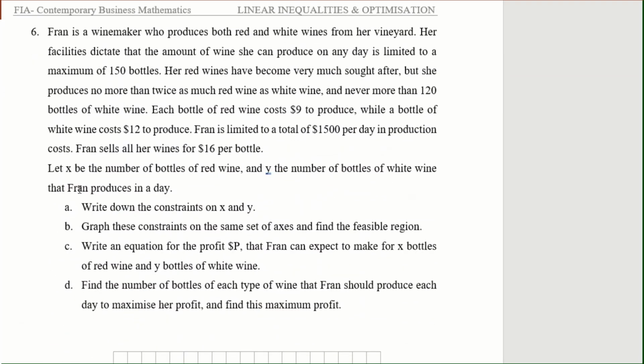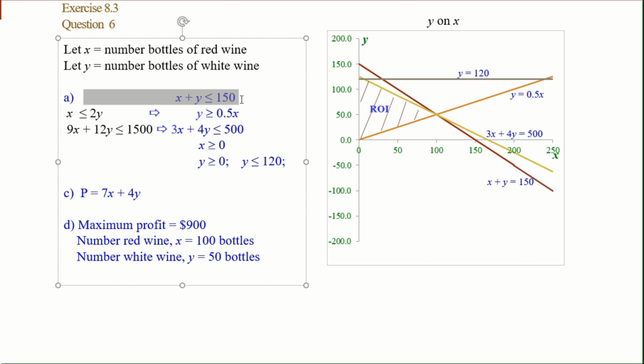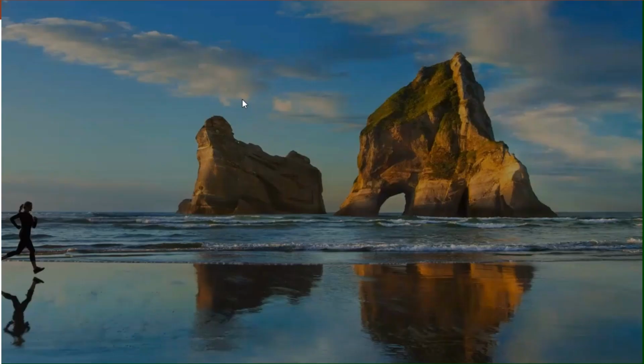Number 6, x is red wine and y is white wine. Okay, she can produce a maximum of 150 bottles. So that's the first inequality. x plus y must be lesser or equal to 150. Next one.